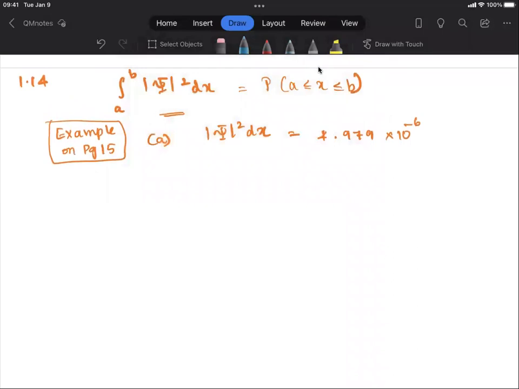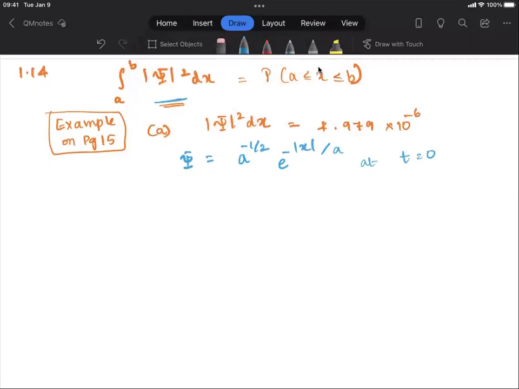by performing this integration. So let's first write down the wave function, or state function. It's given by a to the power negative half times e to the negative modulus of x over a, at time t equals 0.